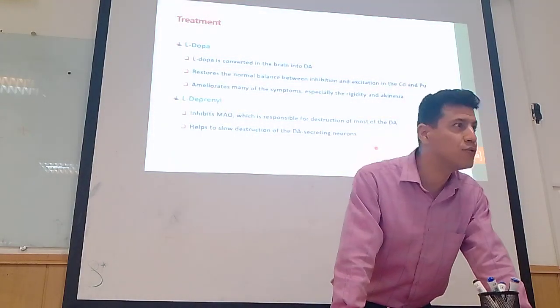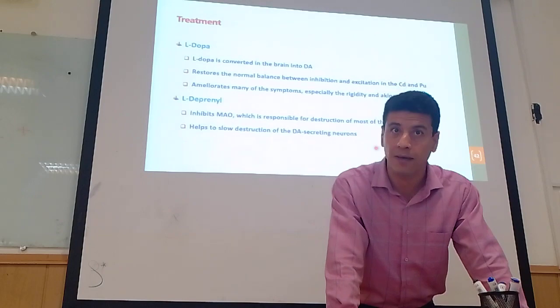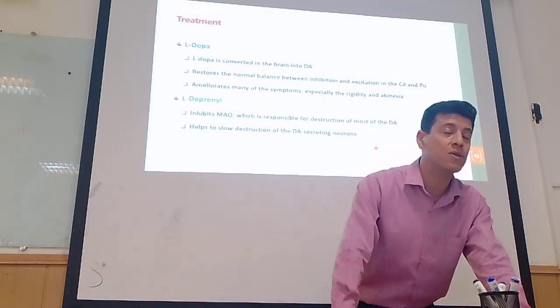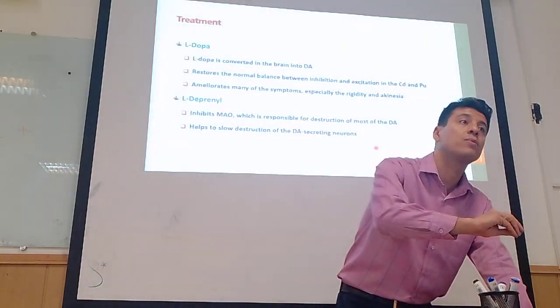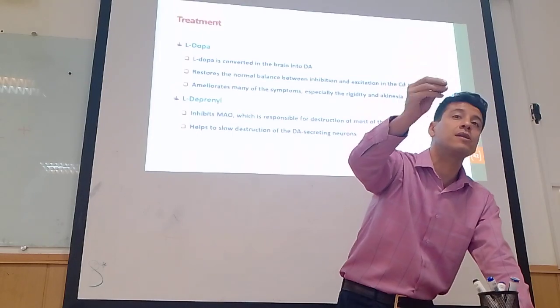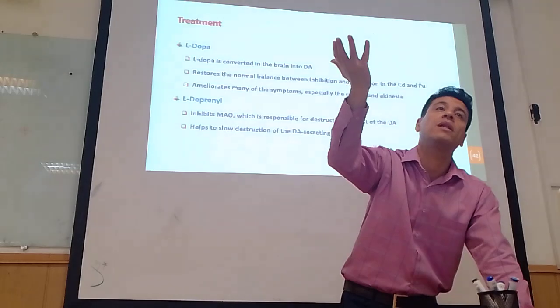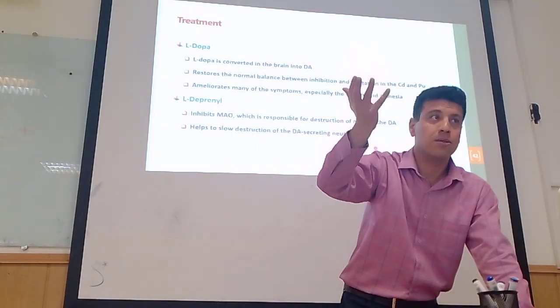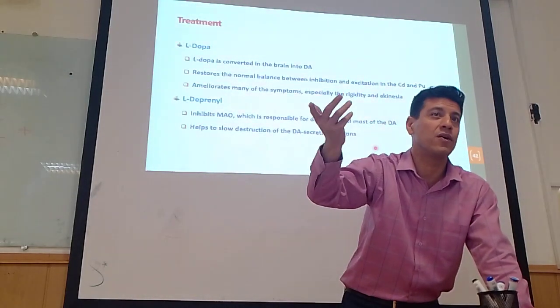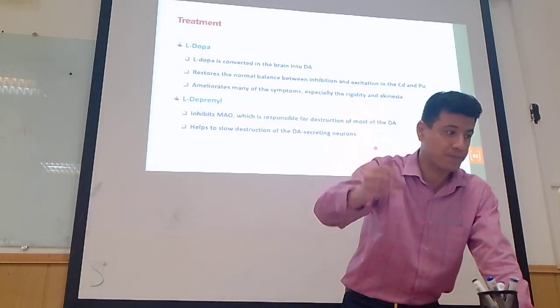It's converted to dopamine inside the brain by some enzymes. Okay? So you give L-Dopa, it goes into the brain, inside the brain it is converted into dopamine, then dopamine increases the dopamine level in the brain, so you will have some level of recovery or improvement.